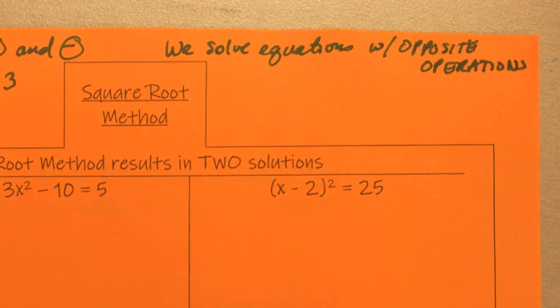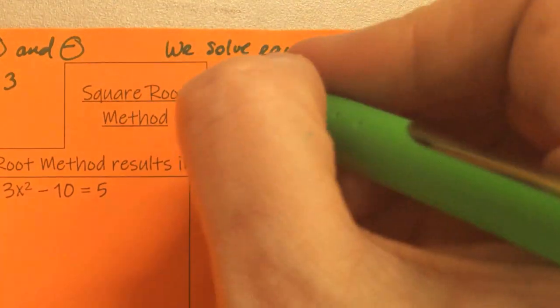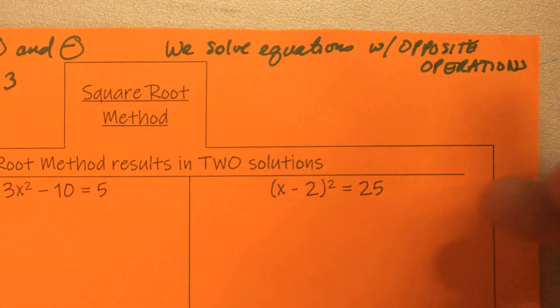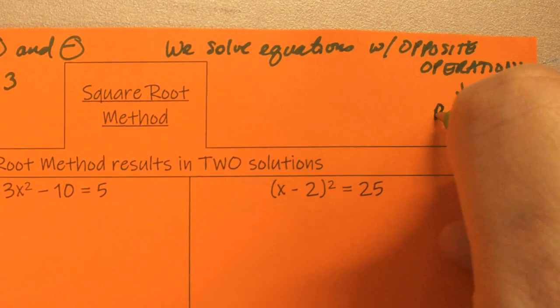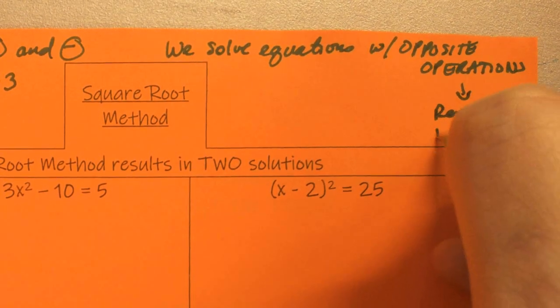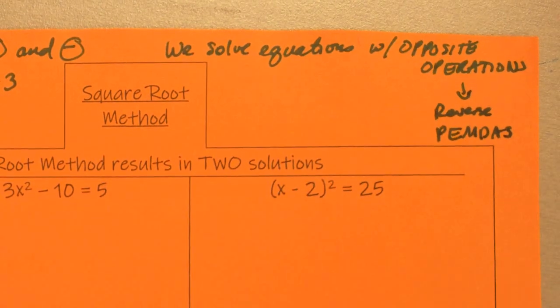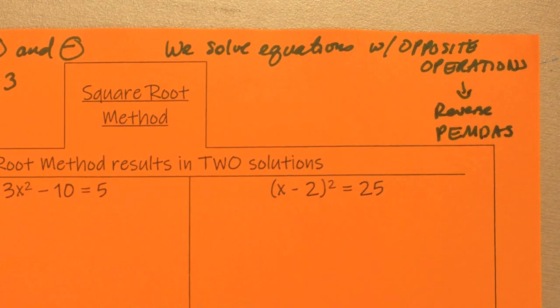Now this means a couple of things. The first thing it means is that we're going to think about what's opposite of what. Basically what this means is reverse PEMDAS.